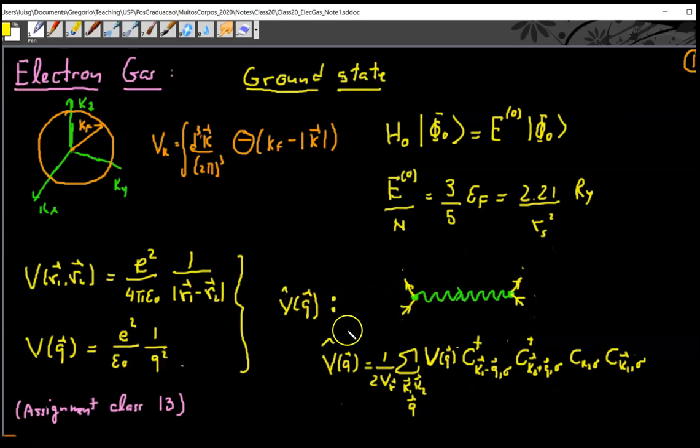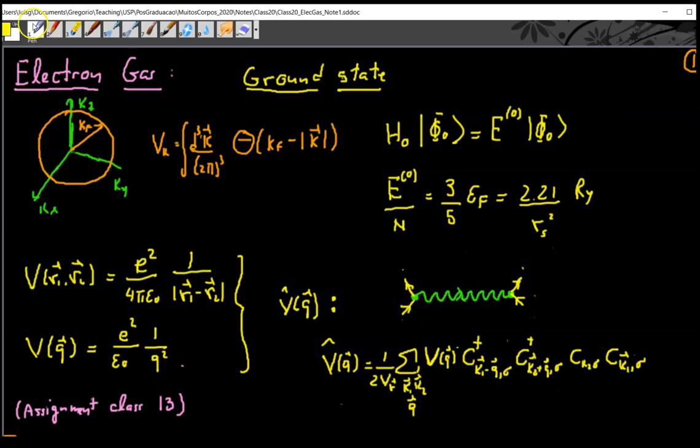So this diagram has this form, and if you write it in terms of creation and destruction operators in K space, it would look something like that. And just remember that here there's a sum over K1, K2, and Q. And just to tell you what those are, essentially you have to conserve momentum on each vertex, right?